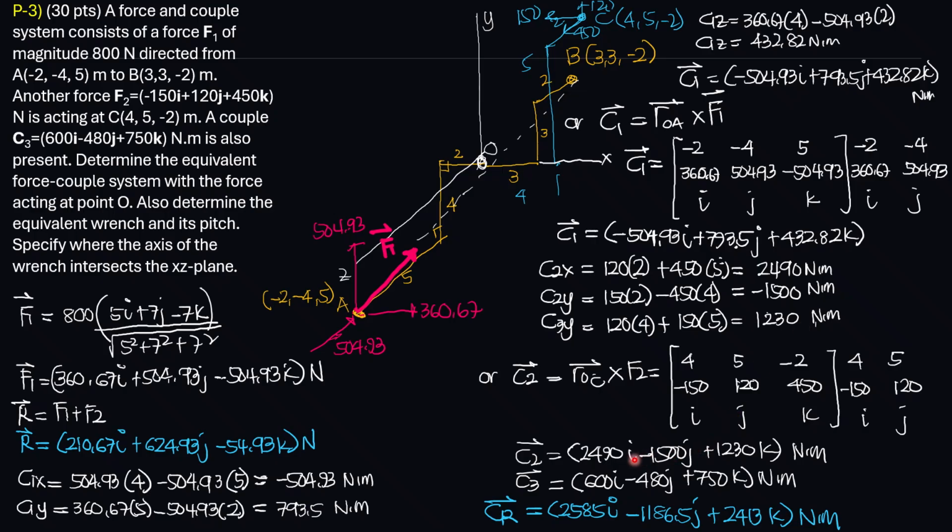Therefore, C sub 2 is 2490 Newton meter I minus 1500 J plus 1230 K Newton meter.